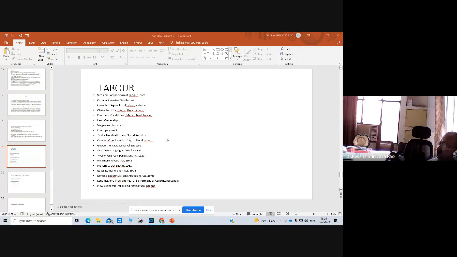That much amount may not be there, but at least a minimum of food grains will be distributed through the public distribution system. In the majority of our Indian states, they have such a system to give some food security to this labor force especially.